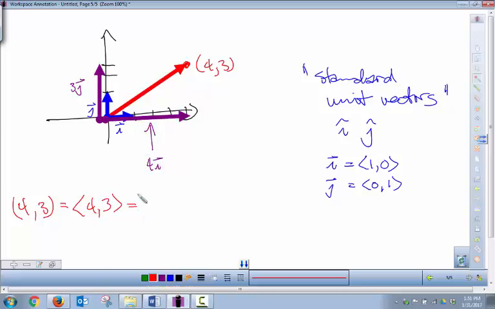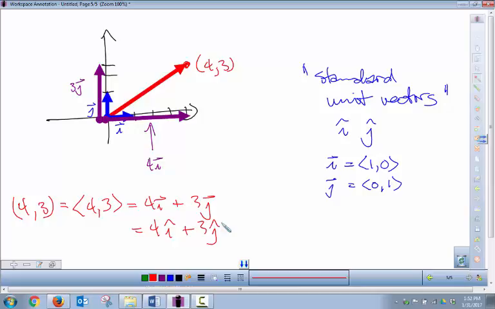And now we've just found a linear combination of 4i plus 3j, or 4i hat plus 3j hat, to be all the same thing. So you'll see that when you're dealing with vectors in WebAssign, i hat and j hat are also possible answers and responses to your questions.